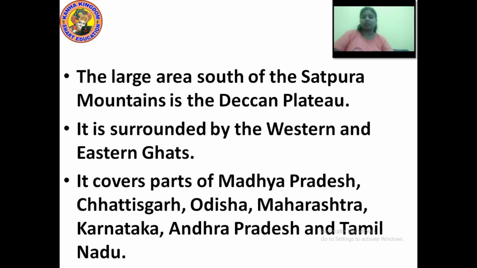It covers parts of Madhya Pradesh, Chhattisgarh, Odisha, Maharashtra, Karnataka, Andhra Pradesh and Tamil Nadu. Clear? So the Deccan Plateau lies in the south of the Satpura mountains, surrounded by the Western and Eastern Ghats, and the states that come under it are Maharashtra, Chhattisgarh, Odisha, Karnataka, Andhra Pradesh, Madhya Pradesh and Tamil Nadu.